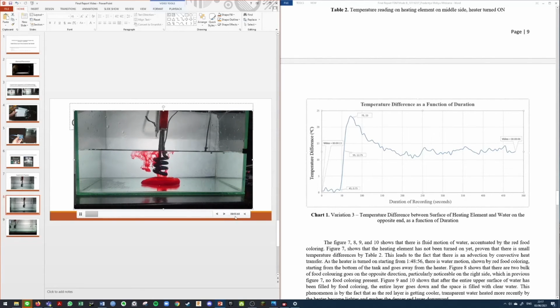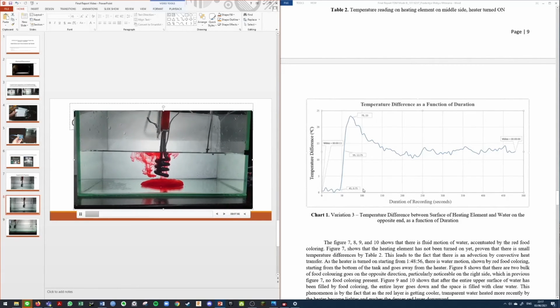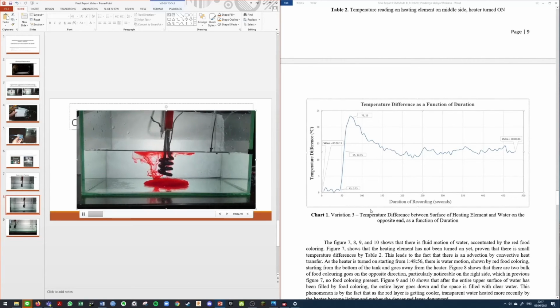This spike result is because there is free convective heat transfer, since heat is supplied by this heating element, and the difference in temperature will lead to this effect and this density gradient.